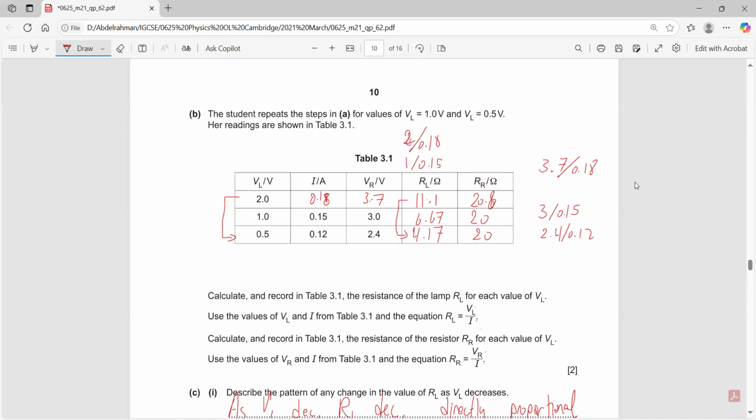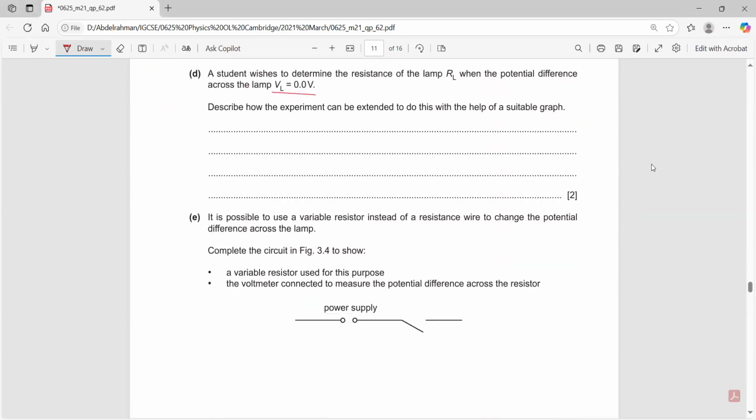So you need at least 5, 6 values of the voltage and the resistance to be able to draw the graph. Then plot the graph of the voltage and the resistance and extend the graph until it reaches the RL axis.